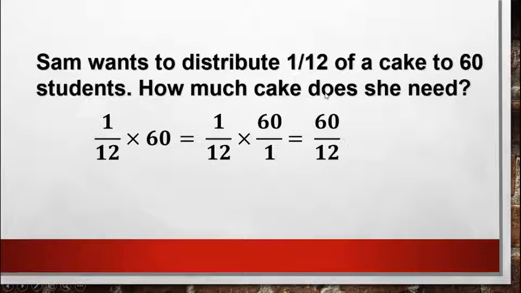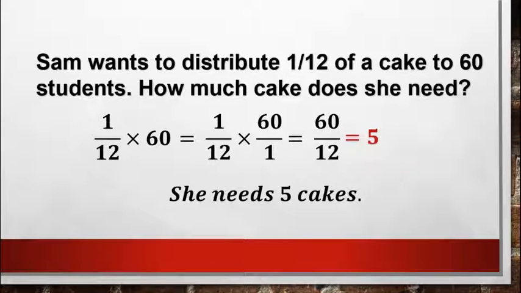So we need to divide it to get our final answer. 60 divided by 12. Very good. That is 5. So we can see that she needs 5 cakes.